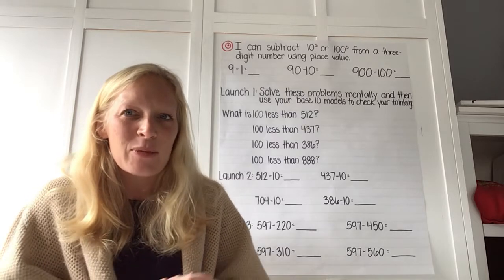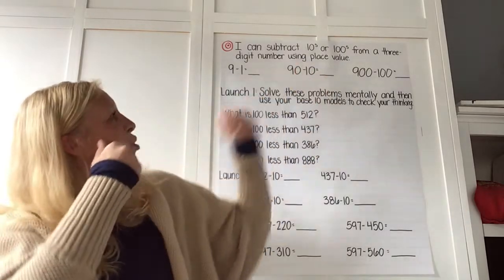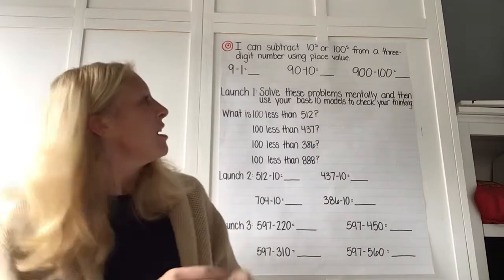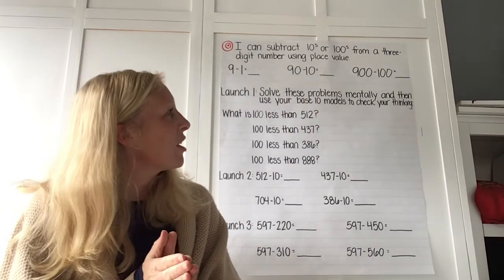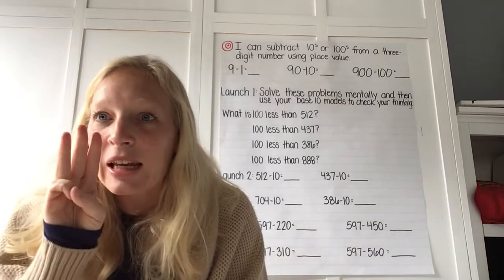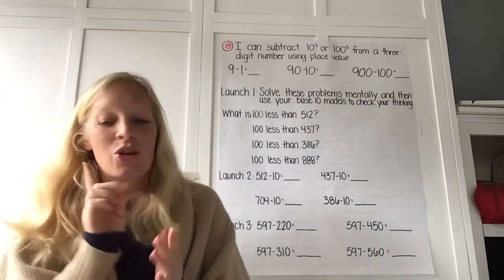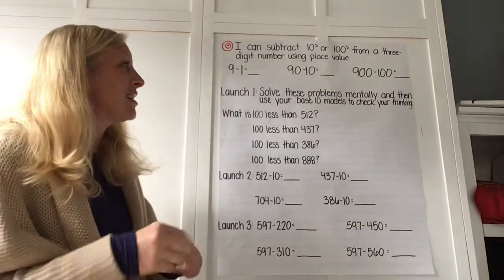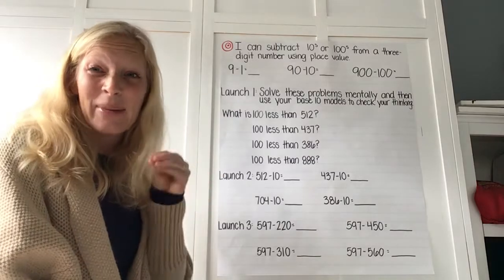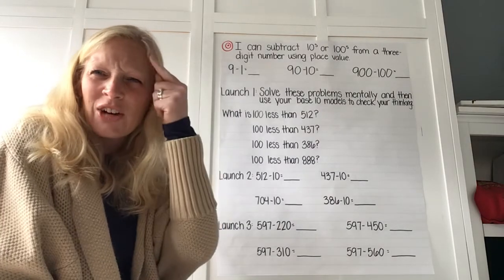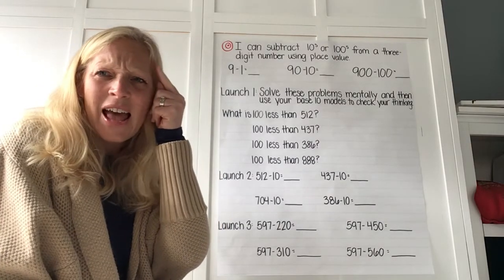Let's pull back those bow and arrows: I can subtract tens or 100s from a 3-digit number using place value. Now I have to tell you, second grade, today we really are going to use that place value to help us, and we're going to try to do as much of it in our heads as we can.